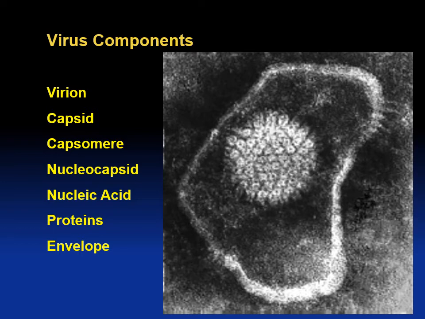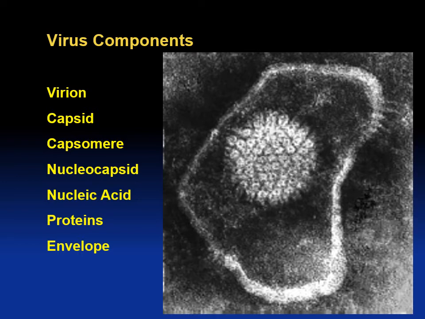Now, one of the things which we cannot see here in this micrograph is the nucleic acid, because simply it is hidden inside the capsid. And usually the nucleic acid plus the capsomeres, we refer to them as the nucleocapsid. But one thing to remember is that these capsomeres are made of proteins.